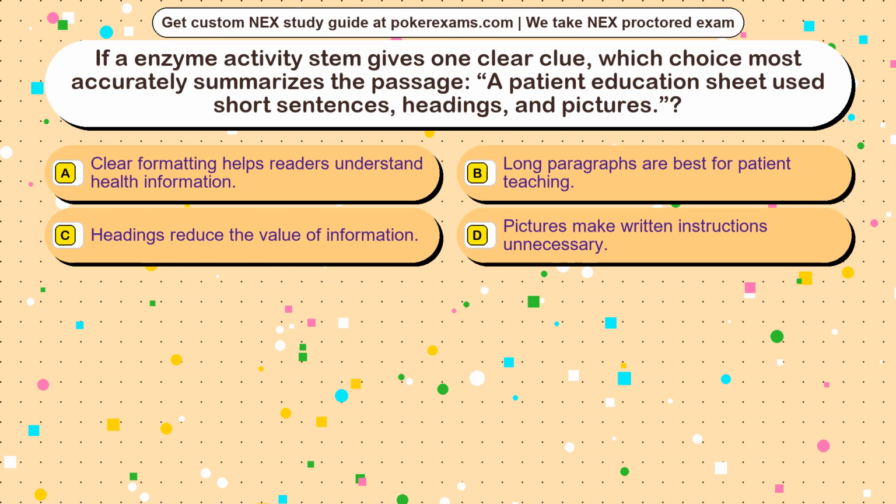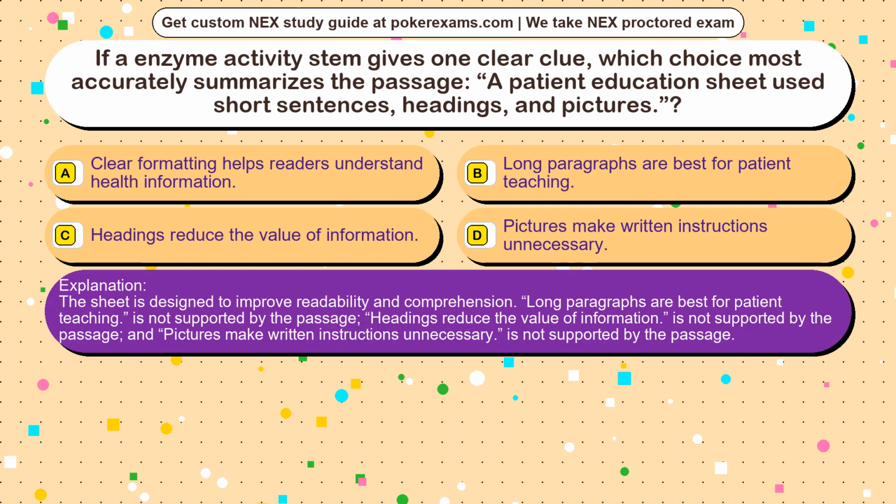The correct answer is option A. The sheet is designed to improve readability and comprehension. Long paragraphs are best for patient teaching is not supported by the passage. Headings reduce the value of information is not supported by the passage, and pictures make written instructions unnecessary is not supported by the passage.